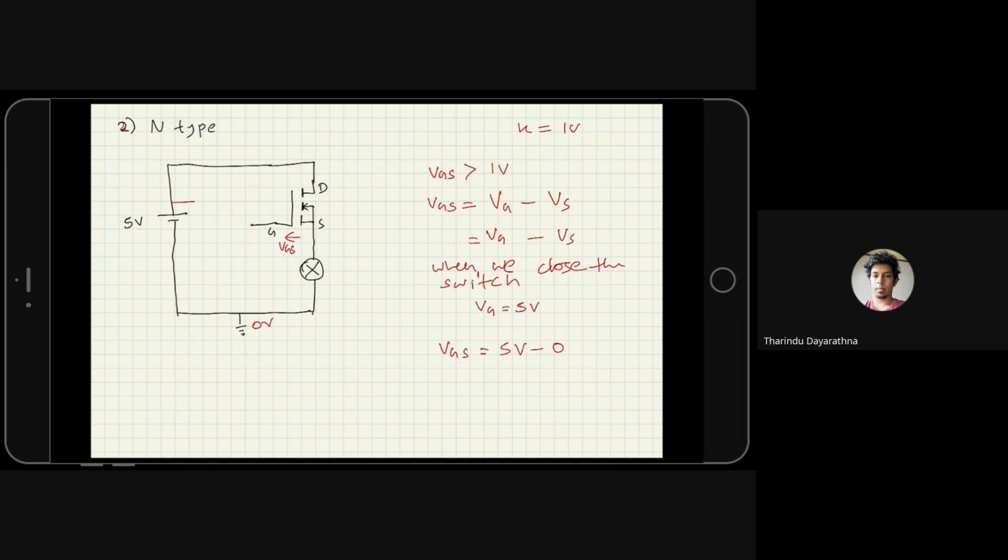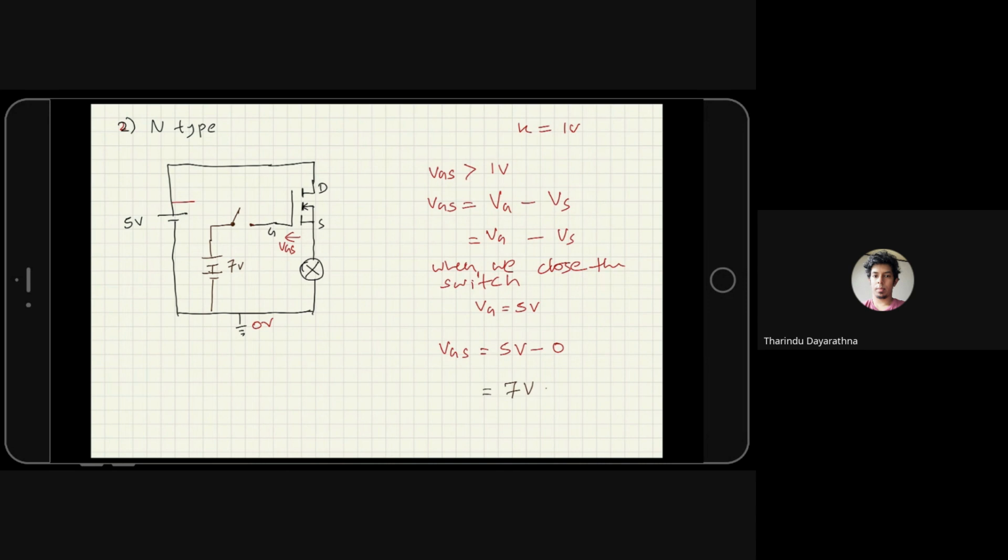Basically, we need to add another battery, let's say 7 volt or something. Then no issue, because VG will be 7 volt.